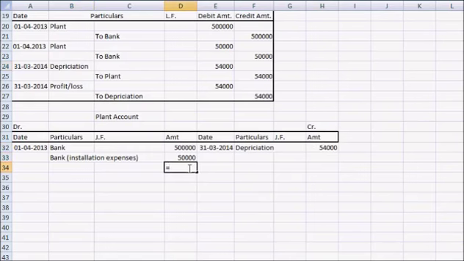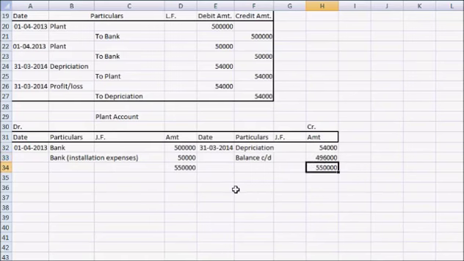So now we'll balance the account. Both sides there should be 5,50,000. So the amount which needs to be here is called the balance, which will be carried down, would be 4,96,000.